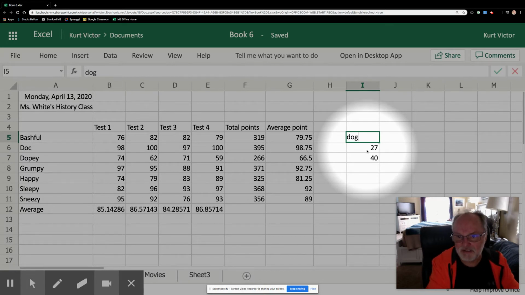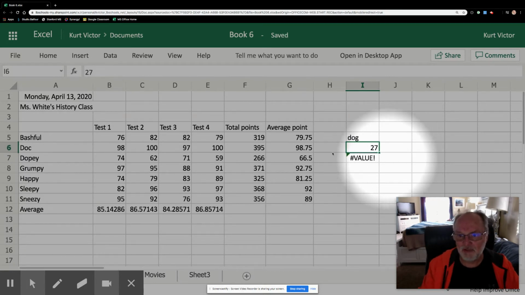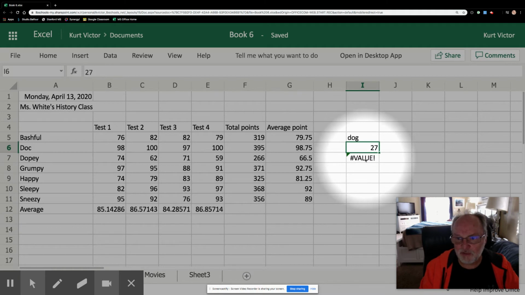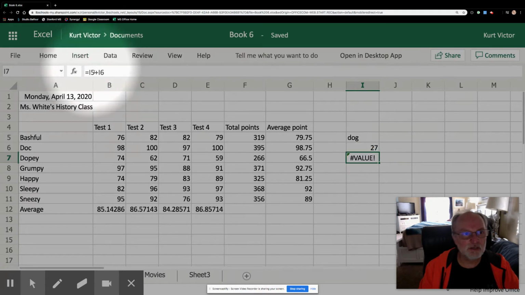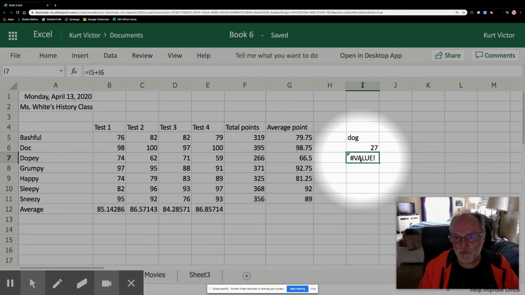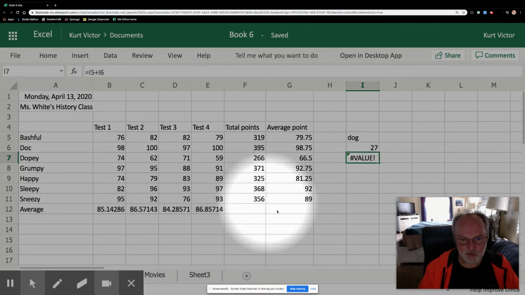But if one of these did not have a value, instead it had a label, that would give you the value error message, indicating that you were trying to add cells that included a value and a label. So the value error message, like the name error message, is a common one if you're adding labels and values together, not just adding, subtracting, multiplying, dividing, trying to do math with that.